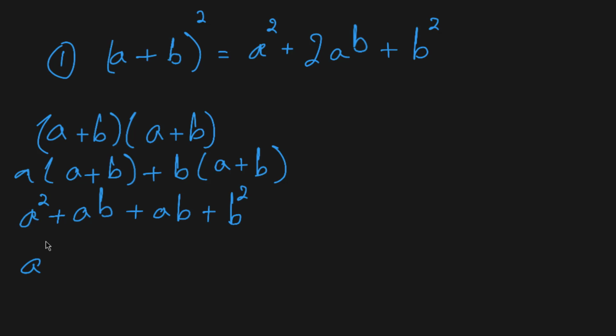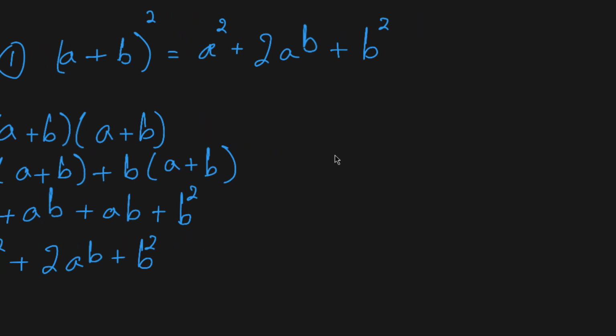Now we have two like terms and they are ab and ab, so let's add them, which will be twice of ab plus b squared. So that's how we know that a plus b whole squared is equal to a squared plus twice of ab plus b squared, or we could just simply say first squared plus twice of first and second plus second squared, because first means like the first term and second means the second term.